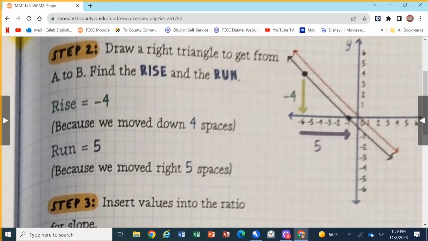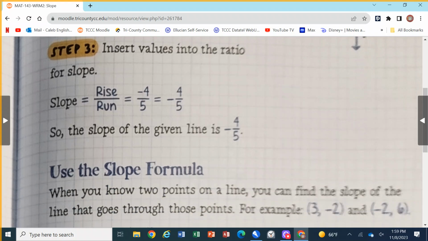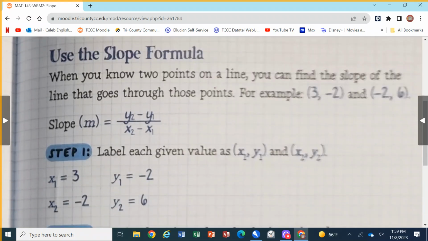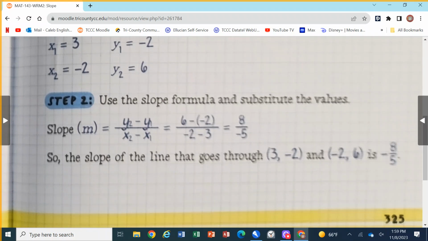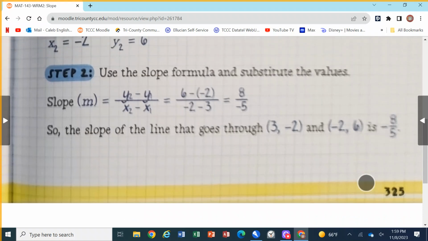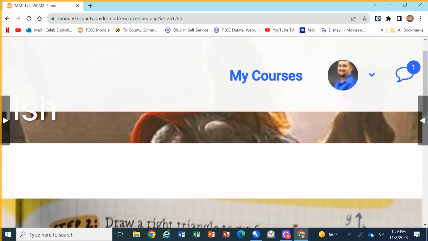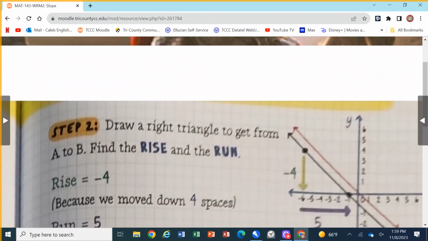So if your rise is -4, you're going to drop down 4, and your run is 5, you're going to move over 5 to the next point, and you can see how it makes a right triangle that way. The other way is using the slope formula. Take two different points, run them through the slope formula, and voila, slope spits out. So it just walks you back through that, another helpful diagram.